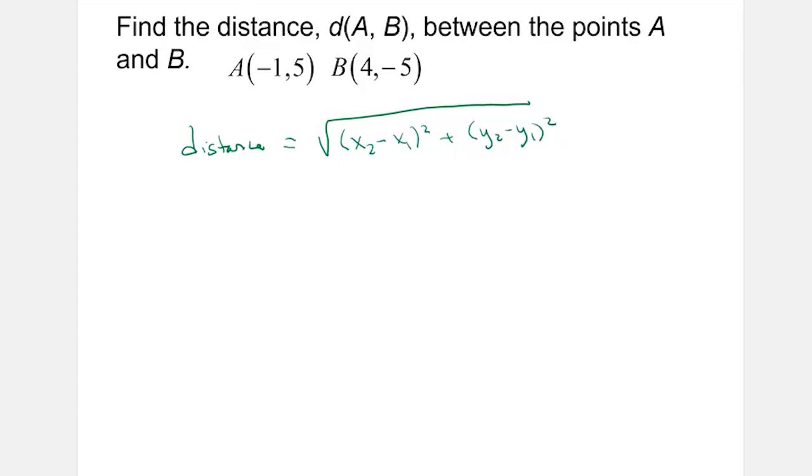And it doesn't matter which one you call 1 and which one you call 2, as long as you label it. Okay, so like if this is point 1 and this is point 2, that's fine.